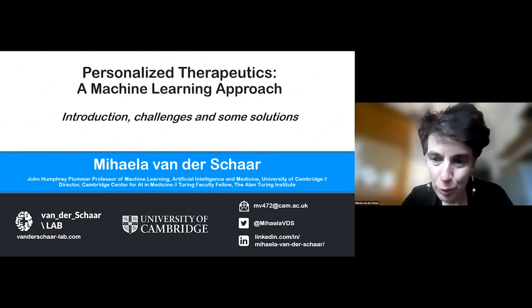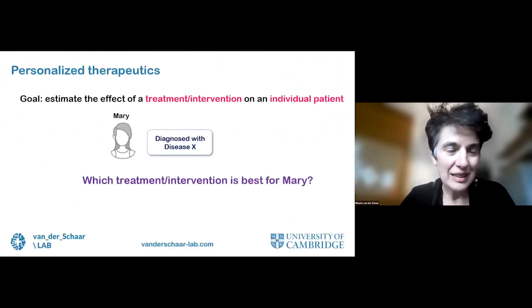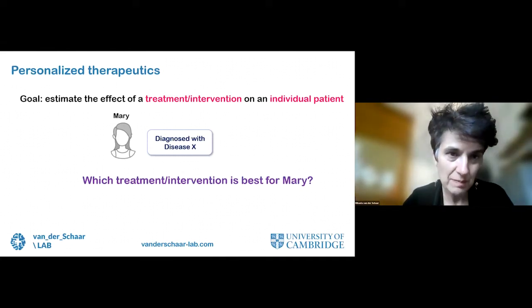In view of time, I'm just going to very briefly introduce some key ideas, challenges, and solutions. So the problem is easy to pose, but not easy to solve. We would like ideally to identify what treatment or intervention is best for a particular individual that suffers from a particular disease.